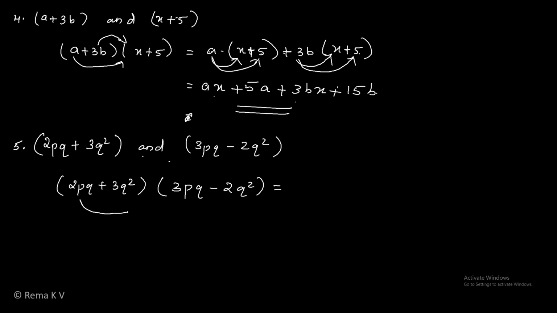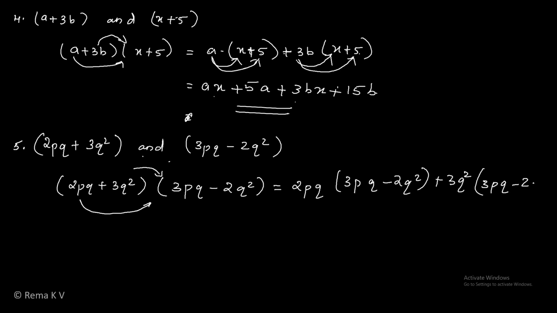We have to multiply this with the second expression, so it is 2pq into 3pq minus 2q square. Then this is plus 3q square, so plus 3q square into 3pq minus 2q square.